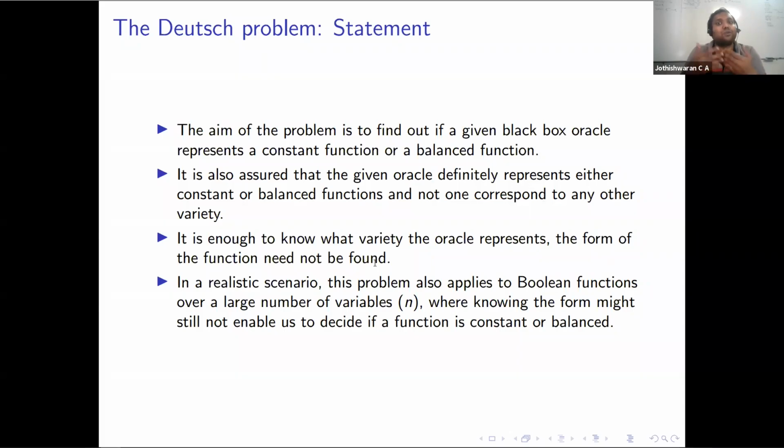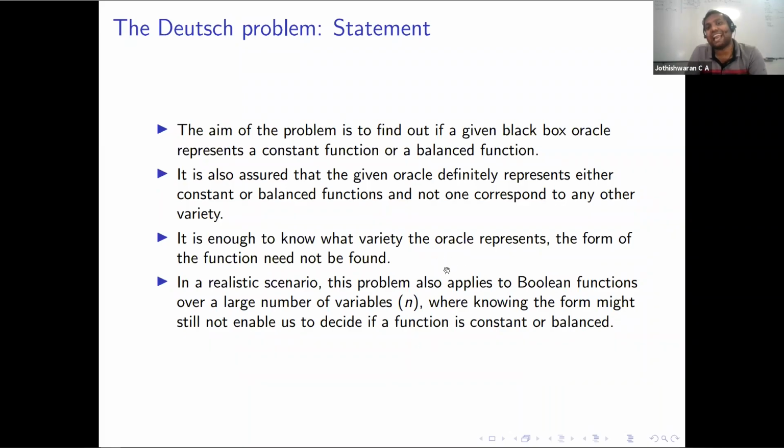Even if I were to give that expression to a person, they will not be able to calculate the values, or guess all possible outcomes of that function, because we do not have that much computing capability as human beings. Therefore, for very large Boolean functions, a black box oracle is the only oracle we have.